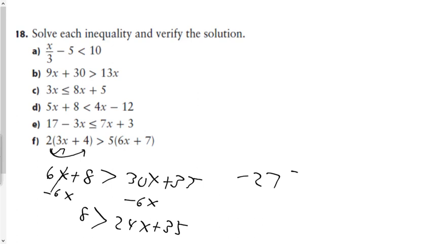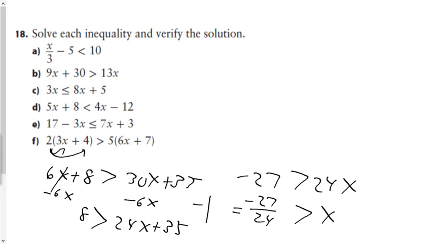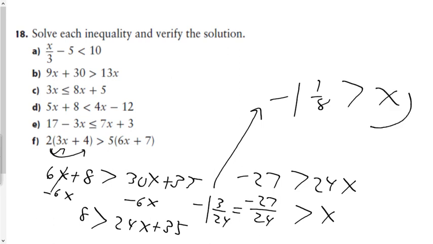Is greater than 24x. And divide both sides by 24. All values less than or equal to 27/24, or -1 and 3/24, or most appropriately, -1 and 1/8. All values less than negative 1 1/8.